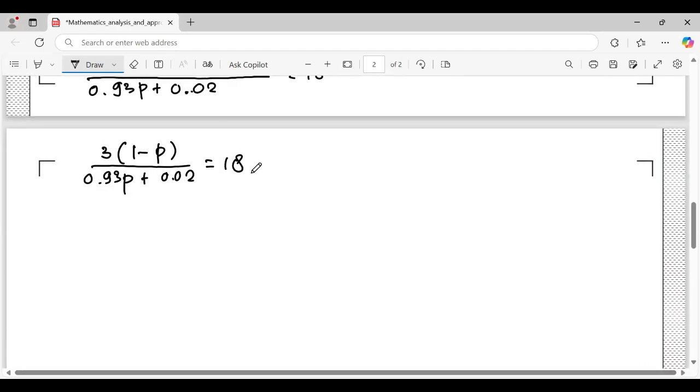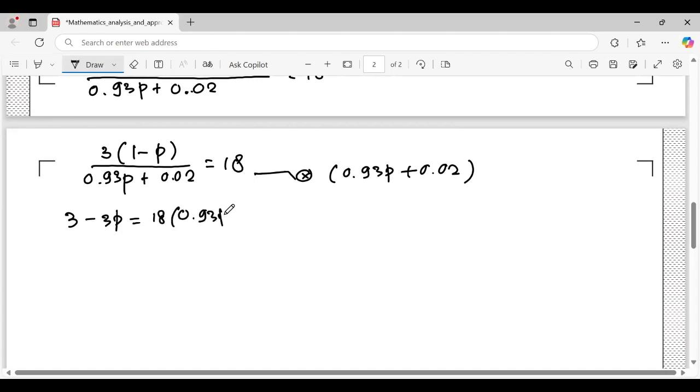After that, multiply the left hand side and right hand side by 0.93P plus 0.02. It becomes 3 times 1 minus P equals 18 times 0.93P plus 0.02.